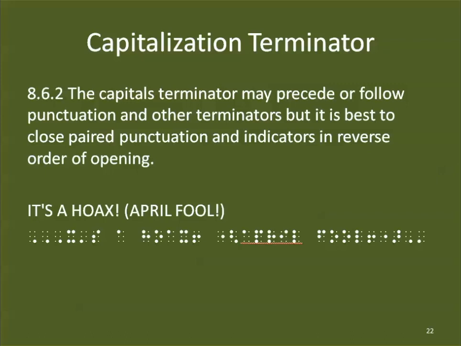So we started it after the capitals indicator, and we're enclosing the parentheses around April Fool exclamation point, and then we're terminating it, because it would be rather awkward to terminate it first and then have the parenthesis, since that kind of weaves things in and out, as opposed to finishing what we started first, making it clearer to read.